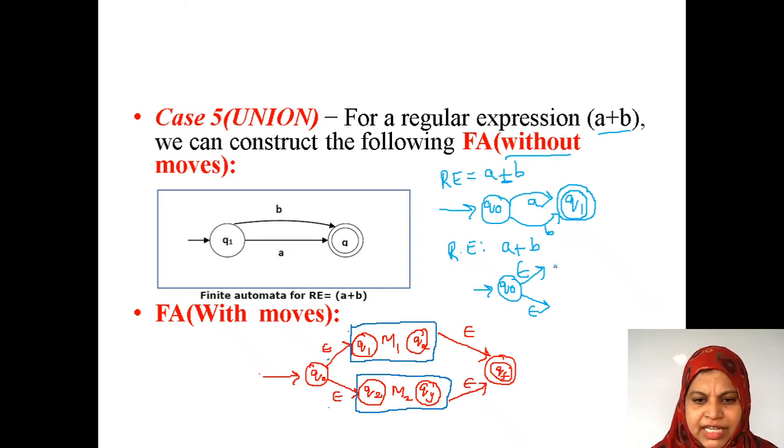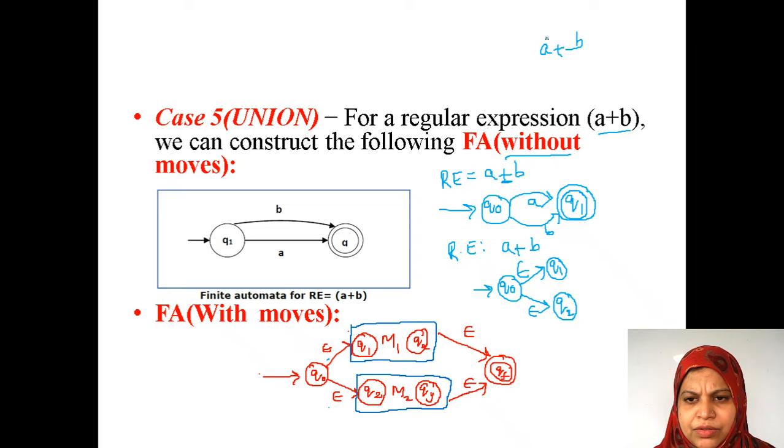Then Q1, Q2, Q3, Q4 depends upon the user. You can write anything; instead of Q0, Q1, Q2, you can write A, B, C also. Here I am dividing A plus B into single terms: this is A, this is B, single input.